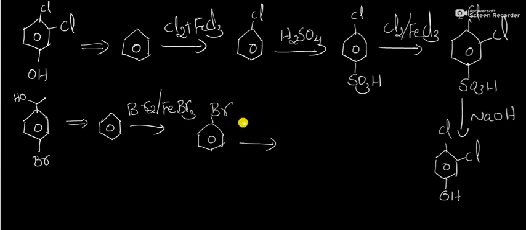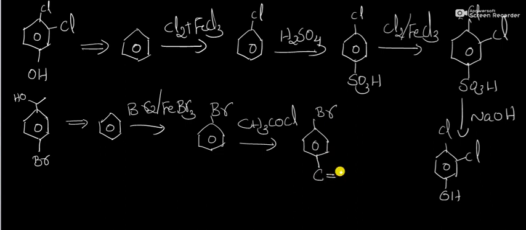Which on acylation using acid chloride CH3COCl, we get the para acyl compound, that is C double bond O CH3.